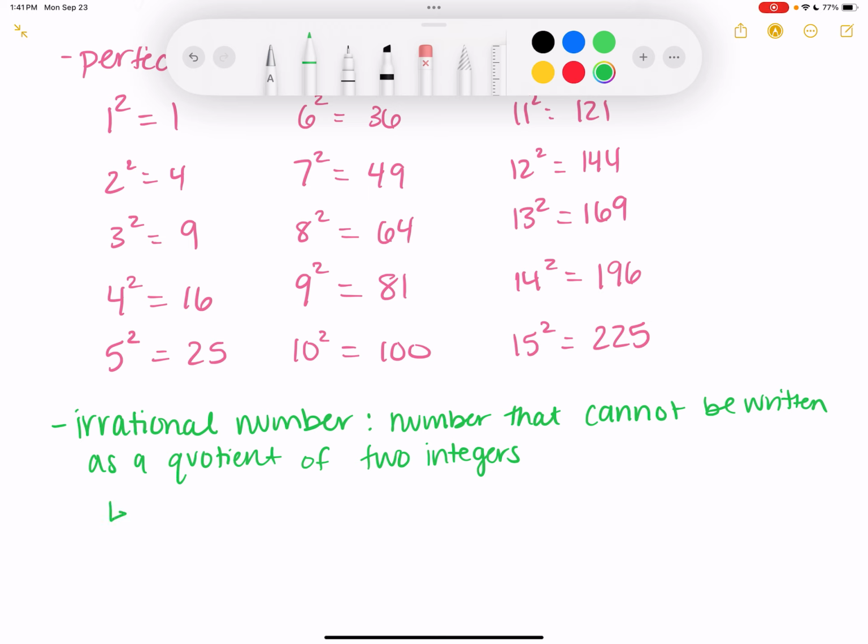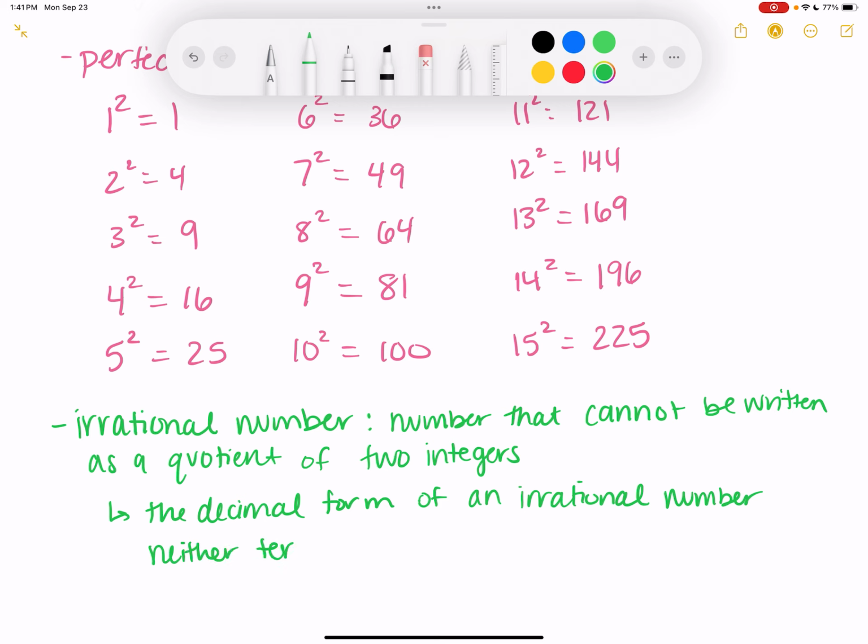Something else about it: the decimal form of an irrational number neither terminates nor repeats.